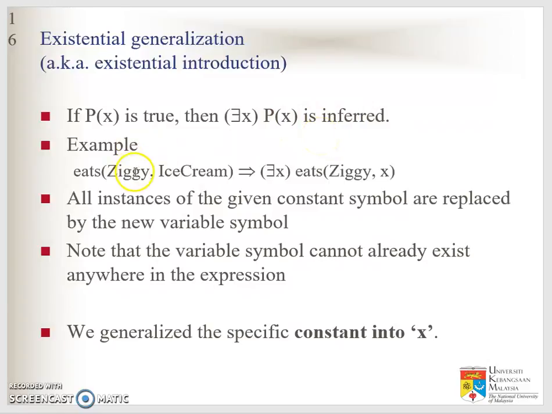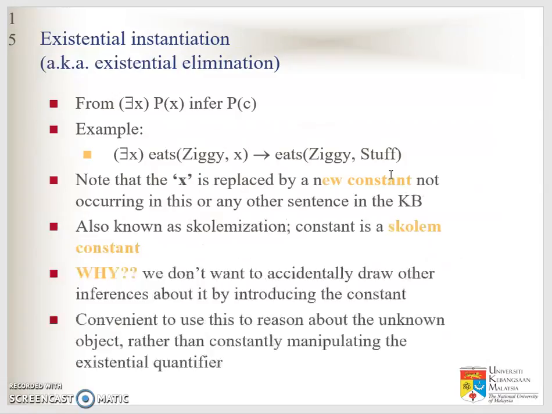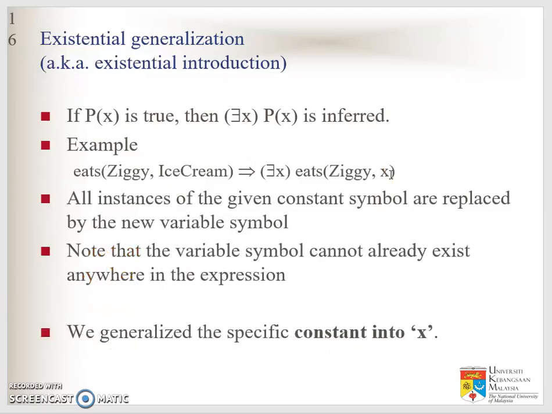For example, Ziggy eats ice cream, then we can say for some x, Ziggy eats x. So all instances of the given constant symbol are replaced by the new variable symbol. So we generalize the specific constant into x. So it's the other way around from deleting the existential. In this one, we introduce the existential.